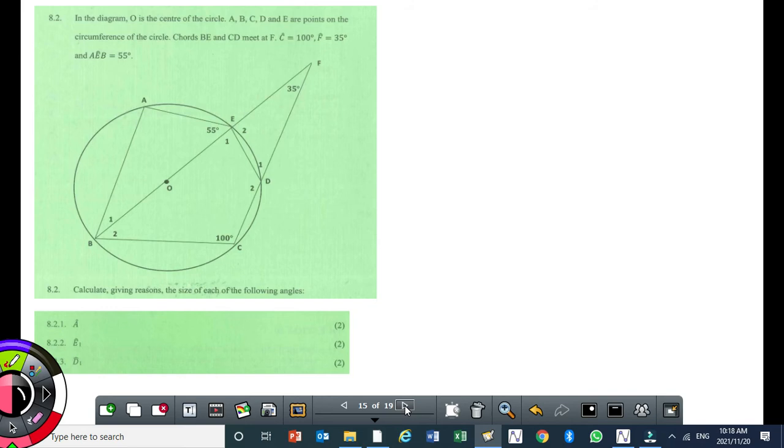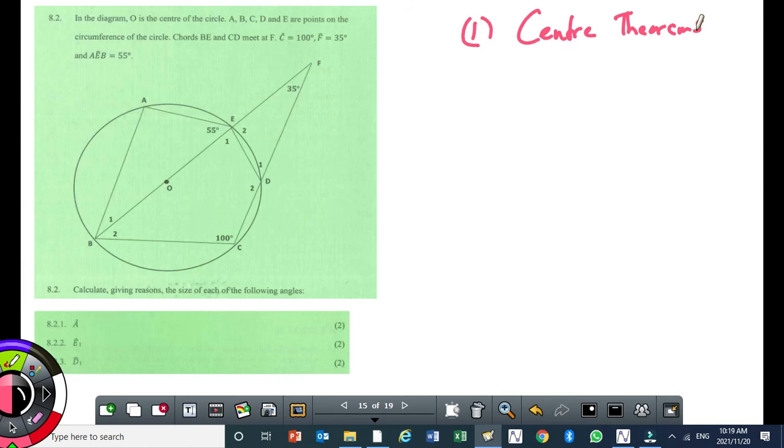Now, when you're answering geometry questions, please be aware that your geometry theorems are classified into 3 groups. We have the center theorems. A line from the center of the circle, or passing through the center of the circle, is perpendicular to the chord, and the converse: a line from the center through the midpoint of the chord.